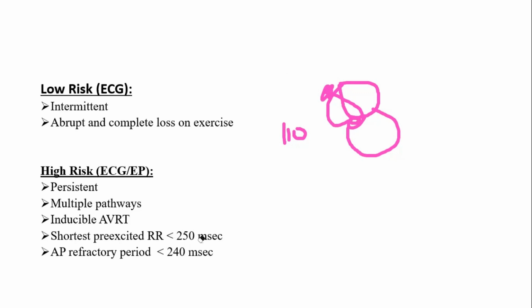When there's such fast conduction, like 250 milliseconds, which is a very fast heart rate, there's a high chance that the patient might go into ventricular fibrillation. That is the cause of death. This might be the first presentation. That's the purpose of ablating these pathways.